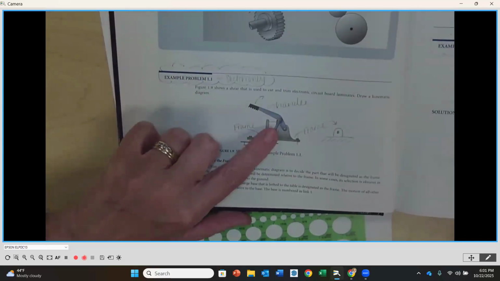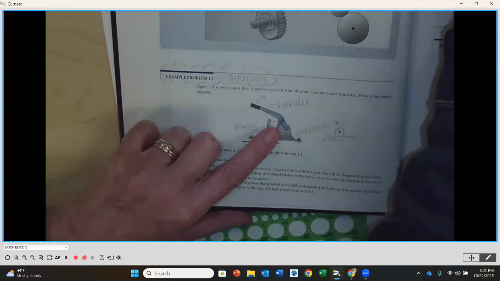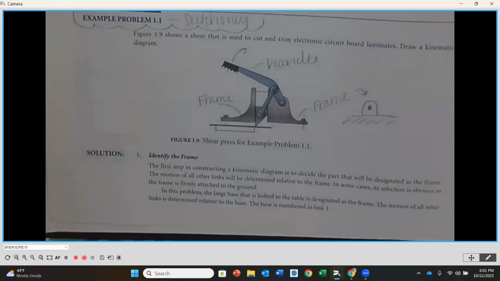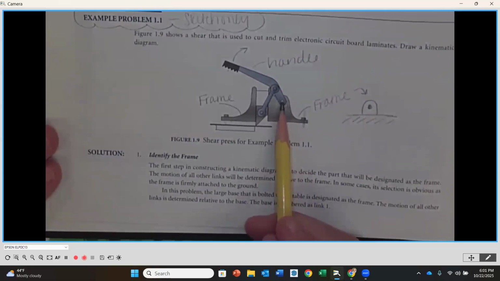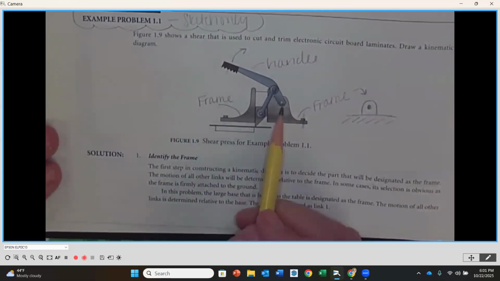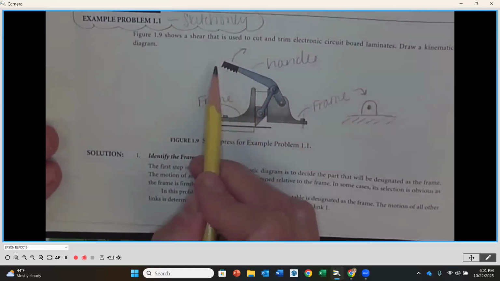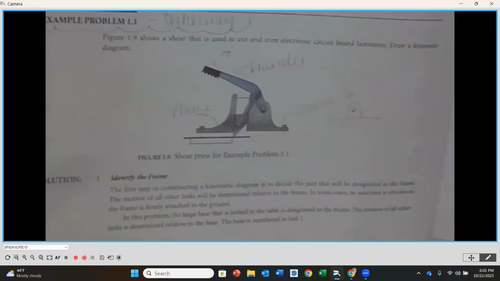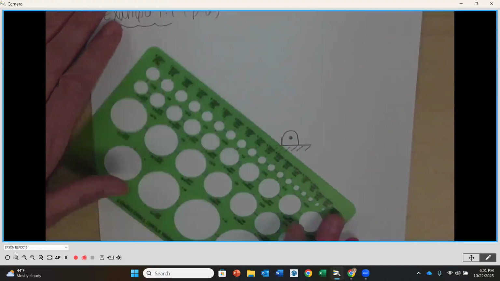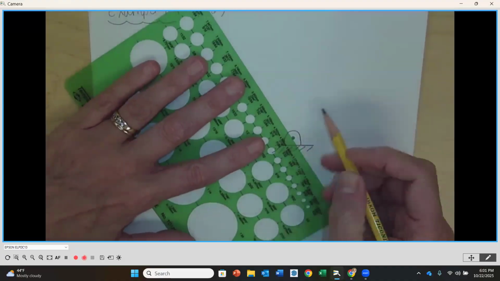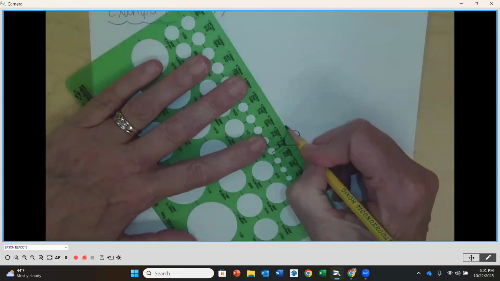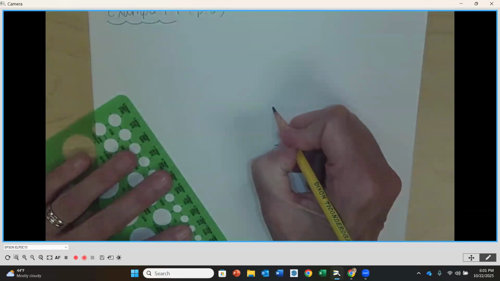Now, attached to that, I need to represent my handle. When I look at my handle, I've also got to know where my pin connections are. The pin connections are going to be to the frame and also to that connecting rod. But then I've got this extension here. So to represent my handle, we're going to start at the center of our frame. I'm going to go right about there.